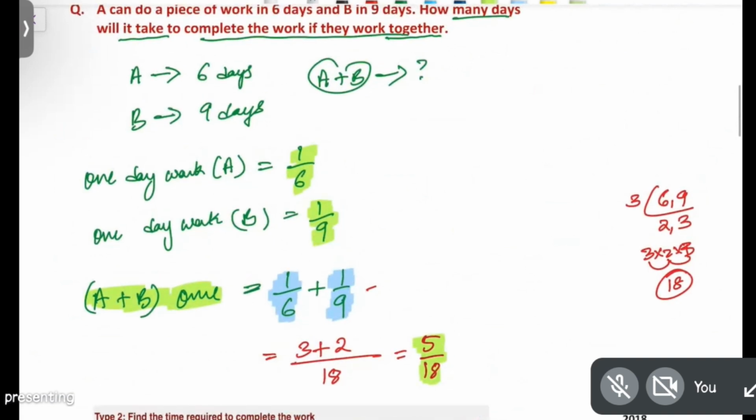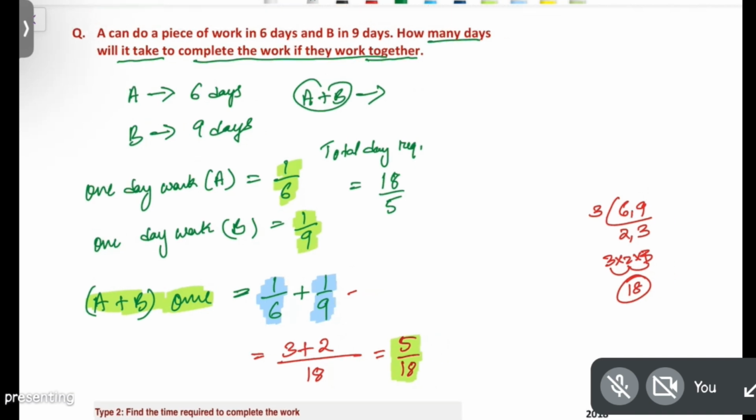This 5 by 18 is the 1 day work of A and B working together, so the reciprocal of this will give me the answer. Total days required will be the reciprocal of this, which is 18 divided by 5. You just flip it.